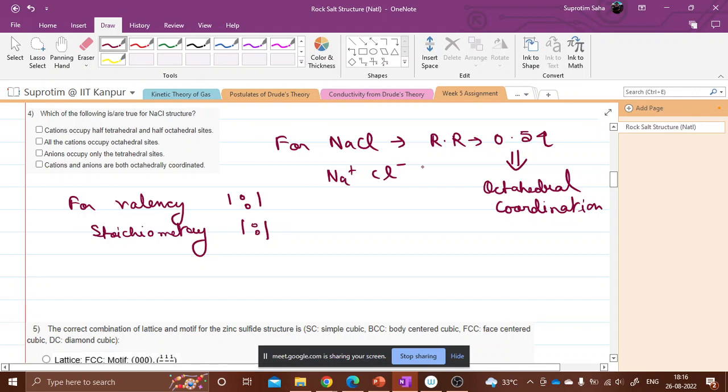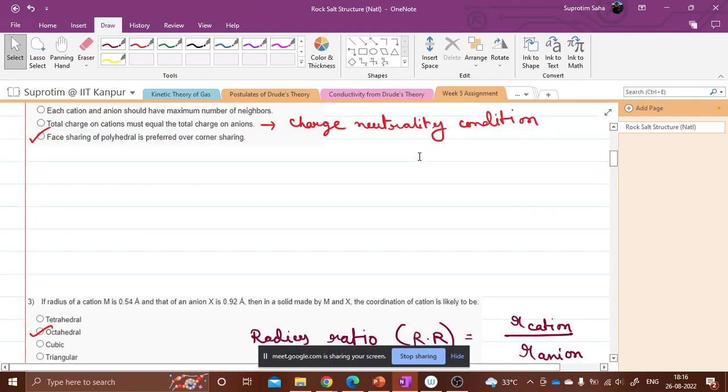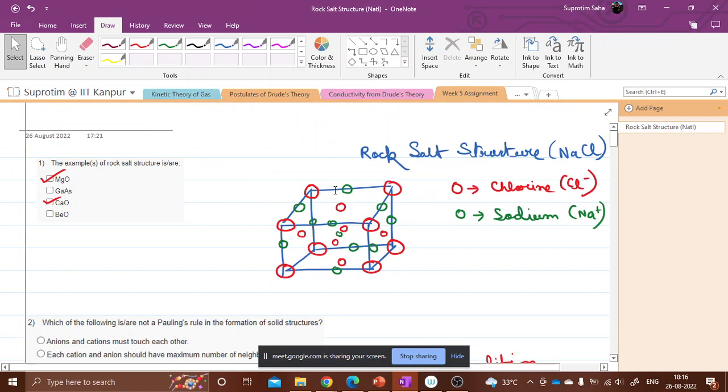So in this type of compound, the cations, which is Na plus here, will occupy the octahedral sites, right? As shown in this picture, the green ones occupy the octahedral sites.